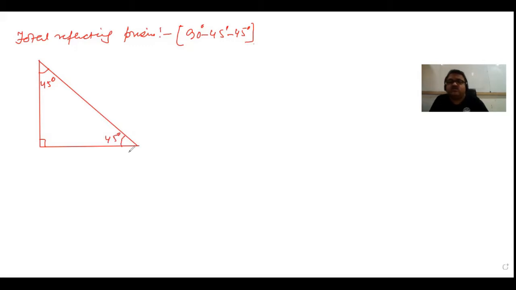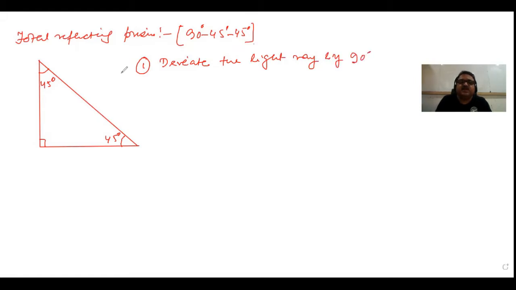How to use this prism and where we can use it, correct? First of all, this prism helps to deviate the light ray by 90 degrees. Number two, this prism can deviate the light through 180 degrees.